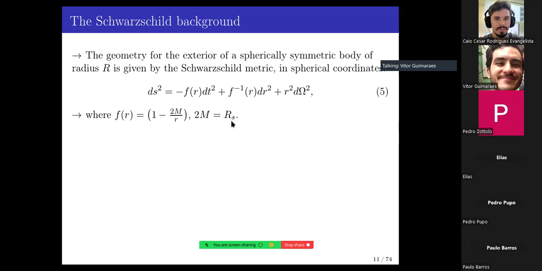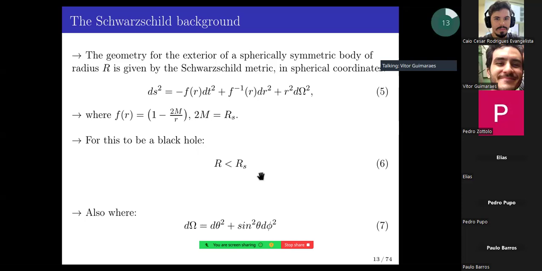Very roughly, if you have a radius less than the Schwarzschild radius, you have a black hole. This is not 100% accurate, you have to take other things into account, but it is a good way to have an estimate.